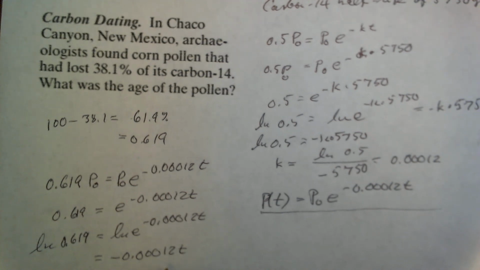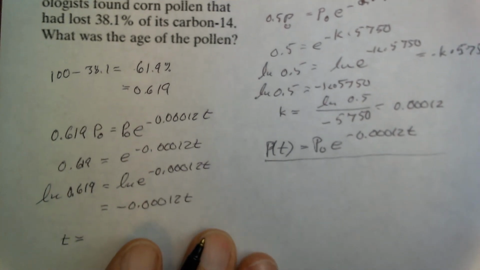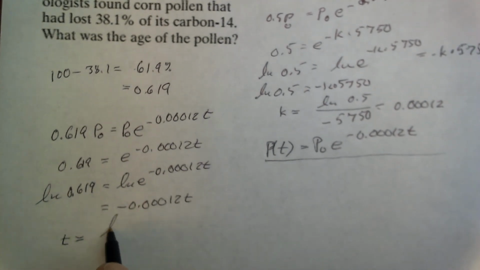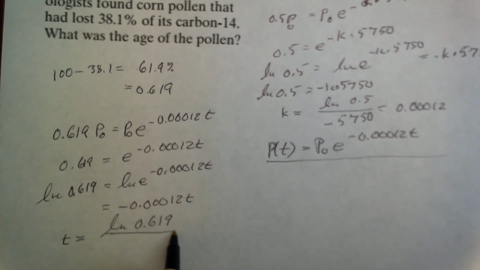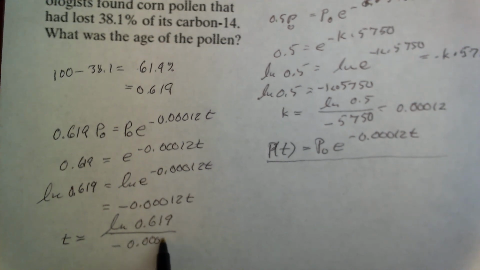So therefore, t is then equal to the natural log of 0.619 divided by minus 0.00012.